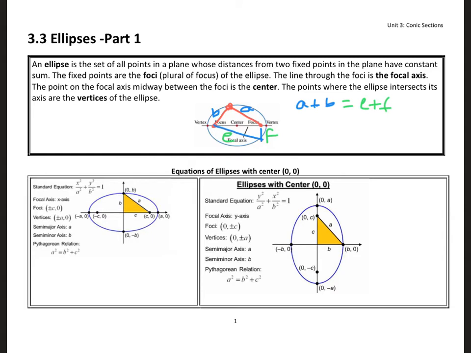I'm just using that to make a round object, which we call the ellipse.